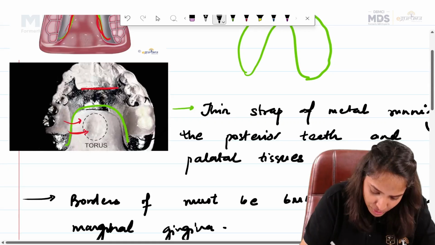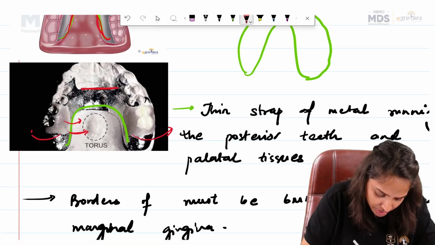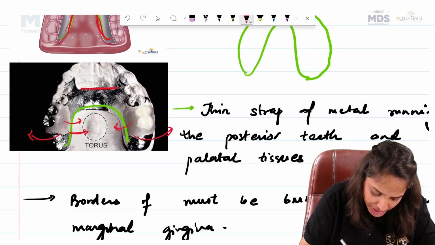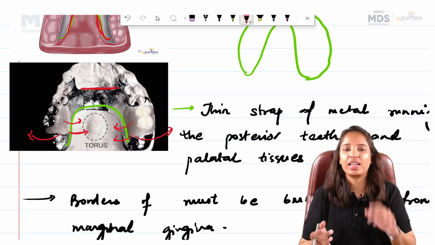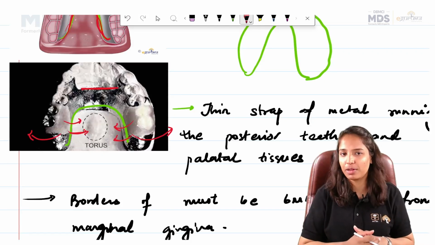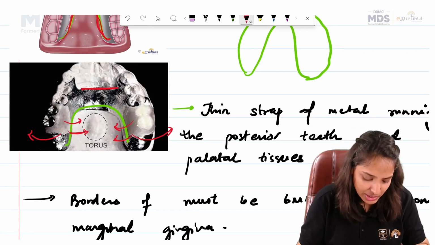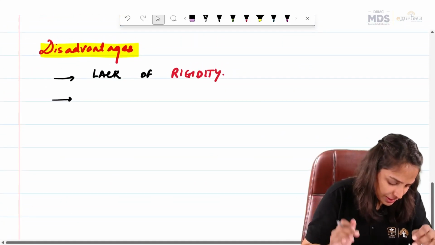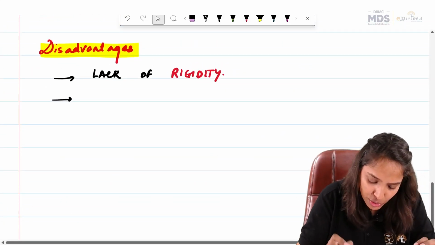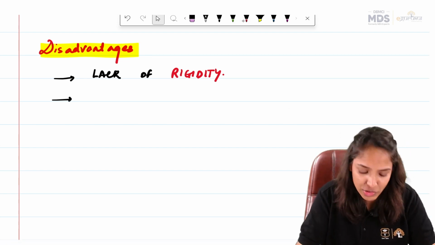It can flex outwards over here and it can even bend inwards also. When something flexes like this, it does not serve the purpose of an ideal major connector, which it is. That is why the first or the most important disadvantage is that it lacks rigidity.